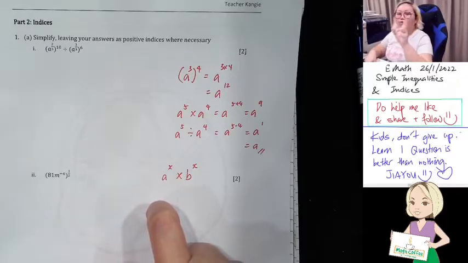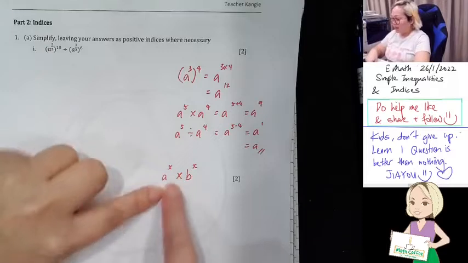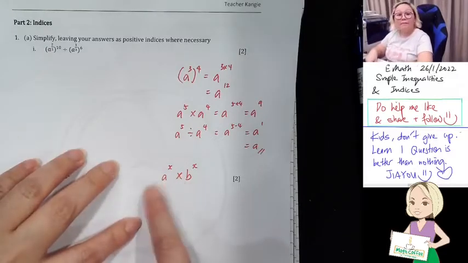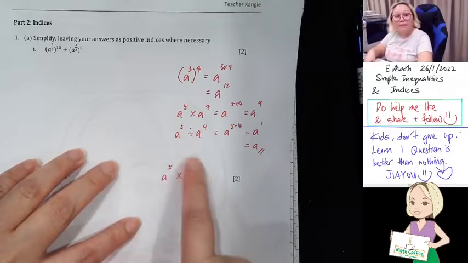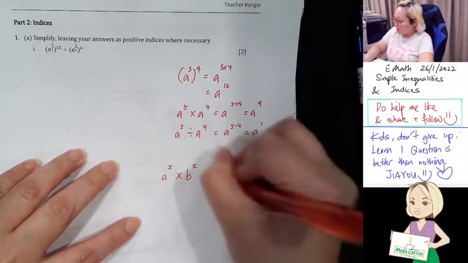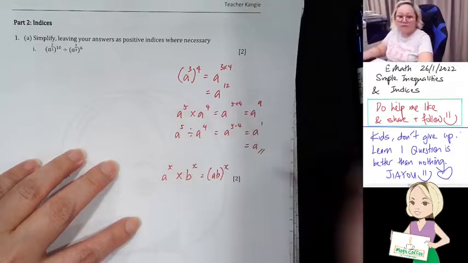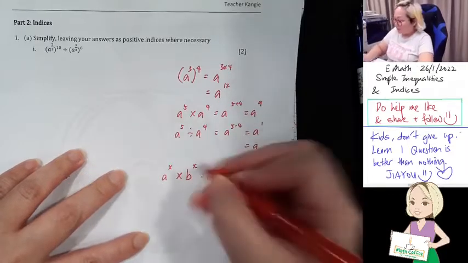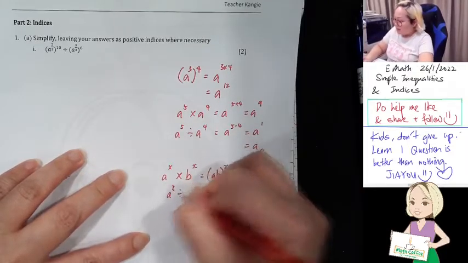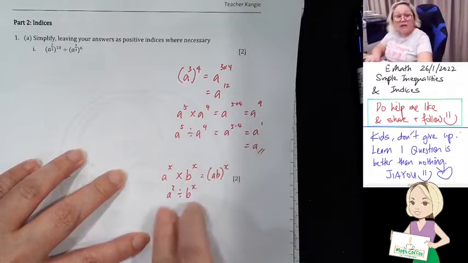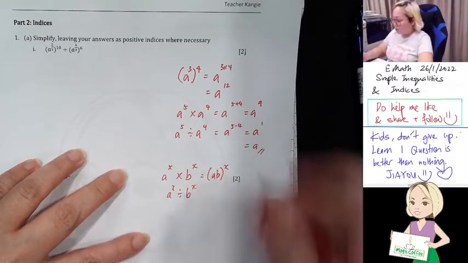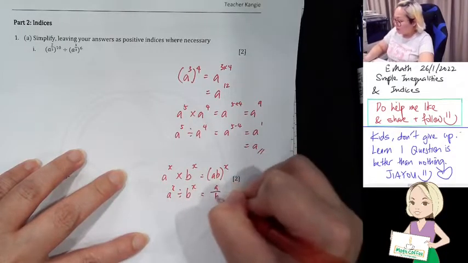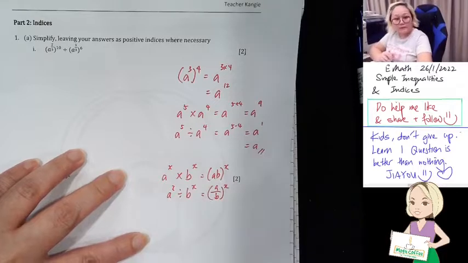Cannot, there's no rule for that. Later I'll tell you that one. Let me talk about this one first. So if I have a^x divided by b^x, same thing, different base, divide but same power, you will write this as (a divided by b) to the power of x.